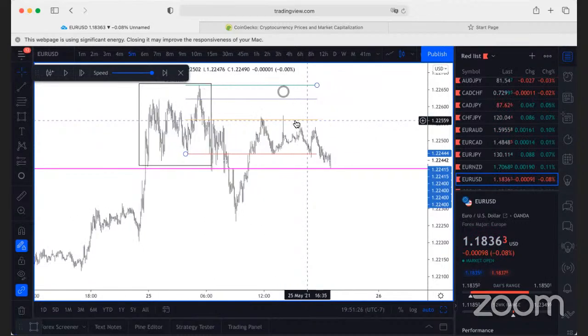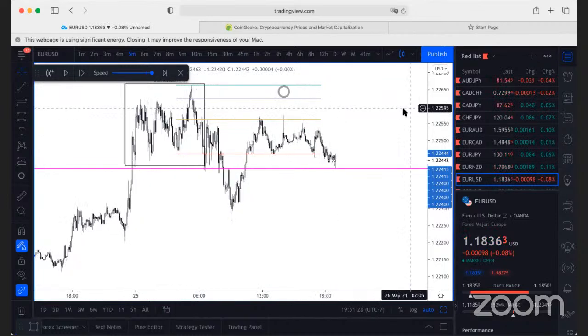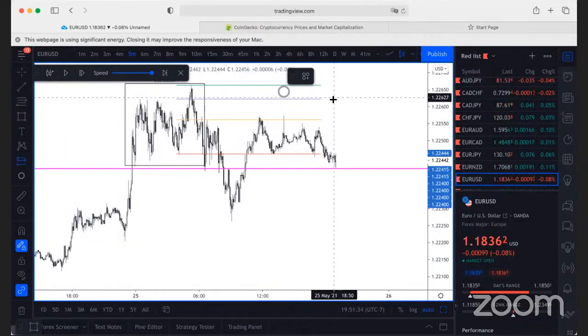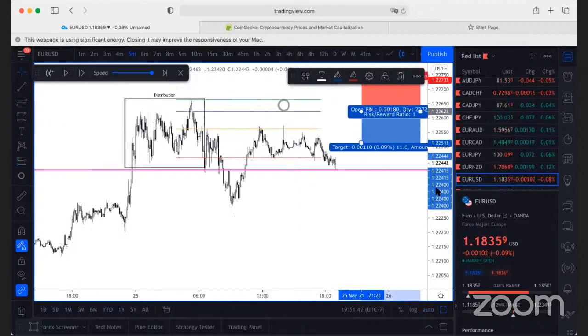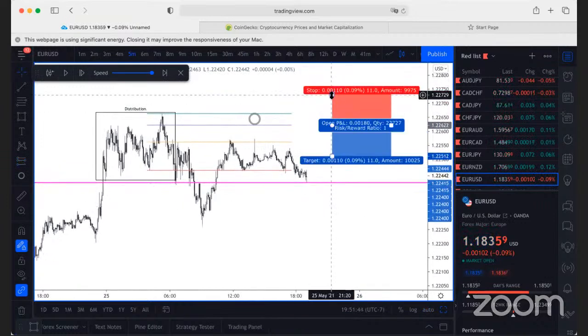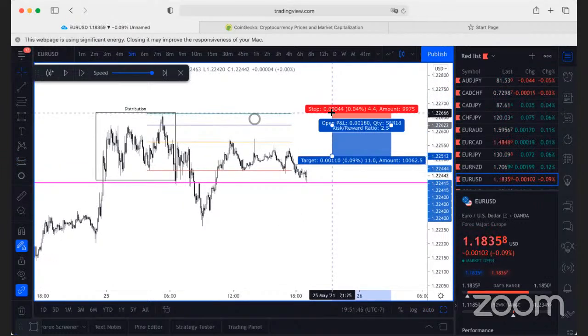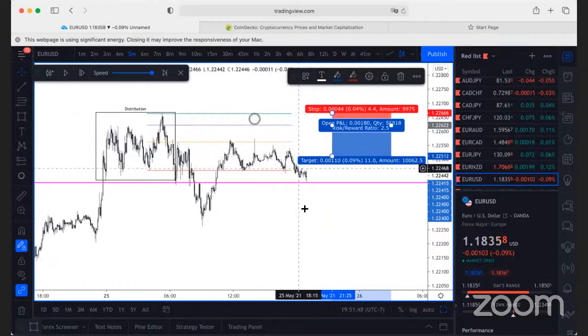So now we can still play the 80%, but what would disqualify the 80% for either one of you guys? A new low. Perfect. I believe Jared said that. If we do get a new low right here and break this price action, we would have to delete our 80%.